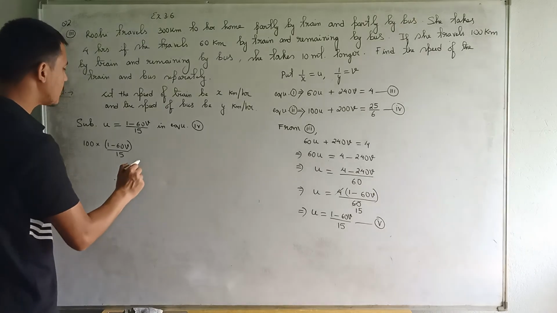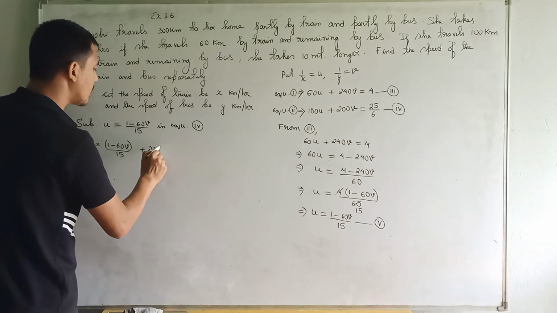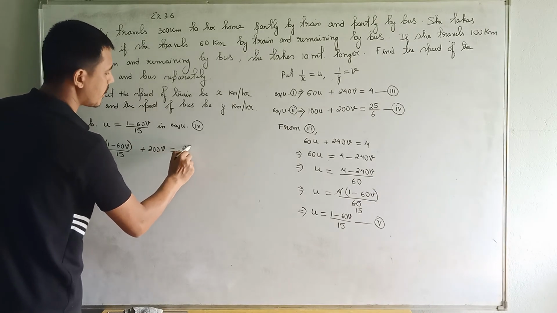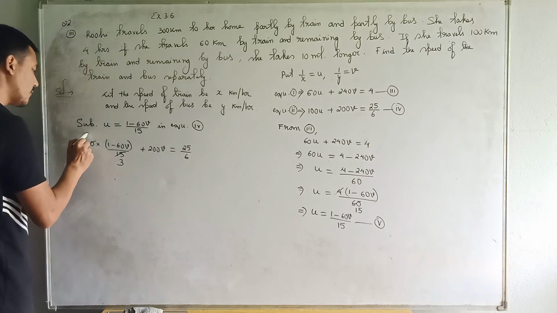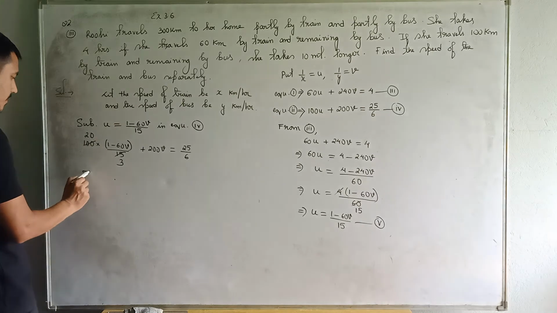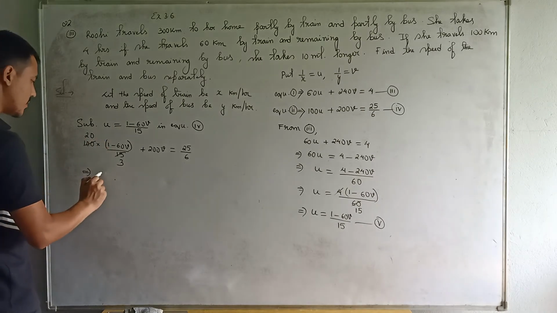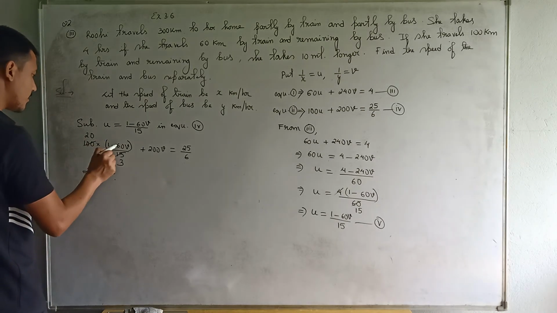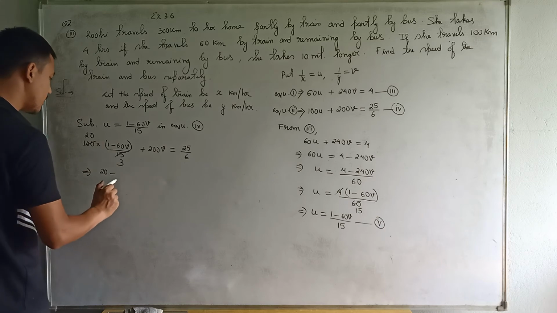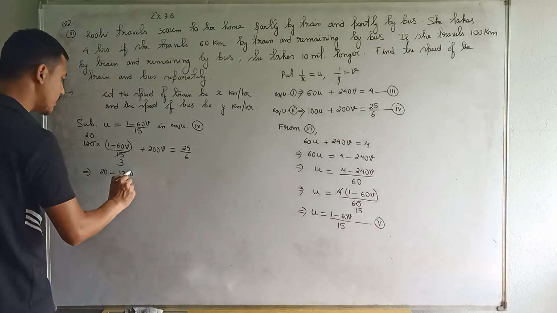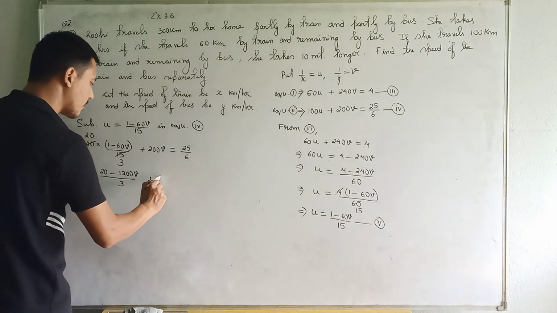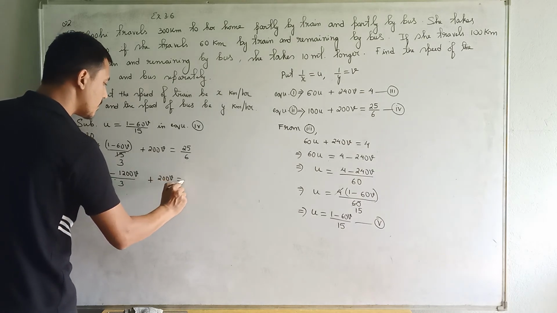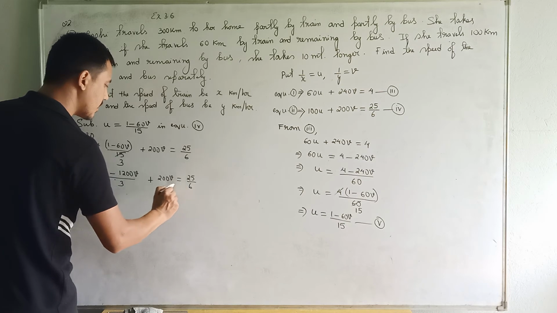Plus 200v equals 25 upon 6. 5 3 times is 15, 5 2 times is 10. So 20 times 1 is 20, 20 times 60 is 1200v upon 3 plus 200v is equal to 25 upon 6, right?